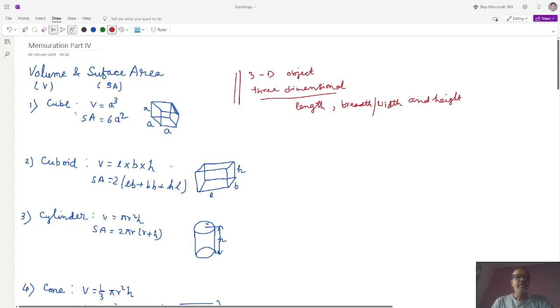Regular means these have a regular geometric pattern. So these are known as regular objects.